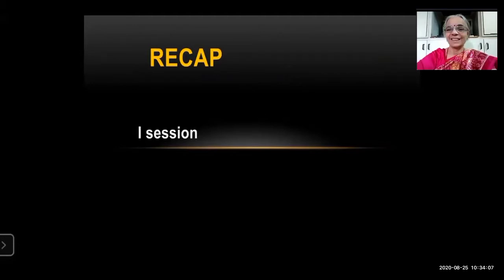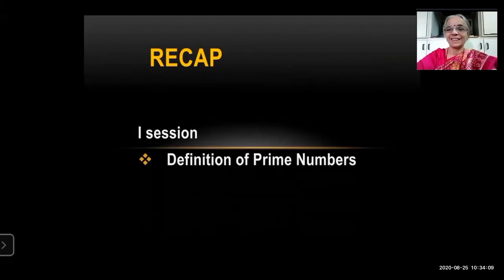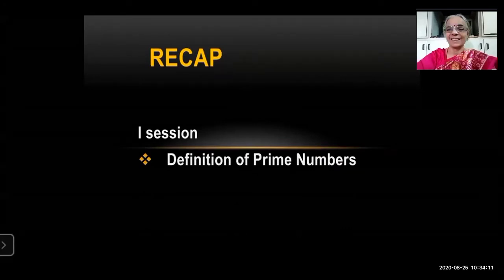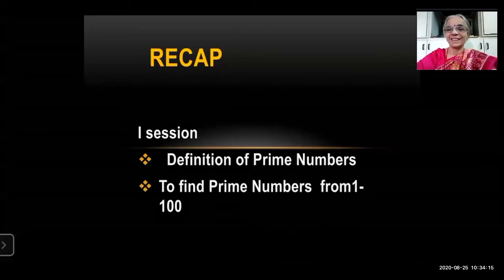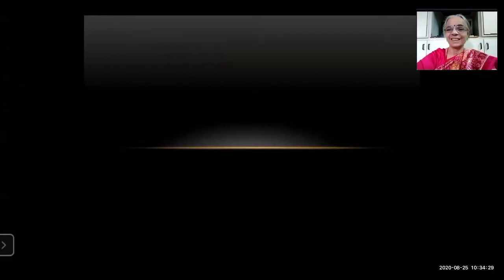First session. In the first session, we learned about the definition of prime numbers, and by one activity we found out prime numbers from 1 to 100. We also discussed twin prime numbers, co-prime numbers, and did you remember the mobile number of prime numbers?